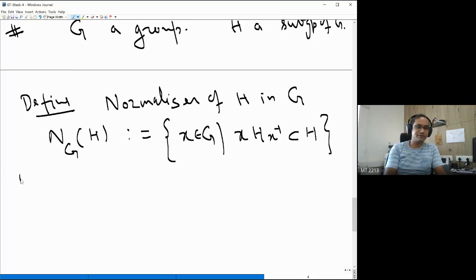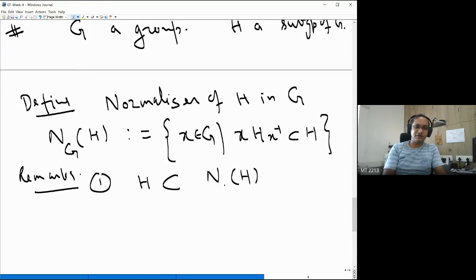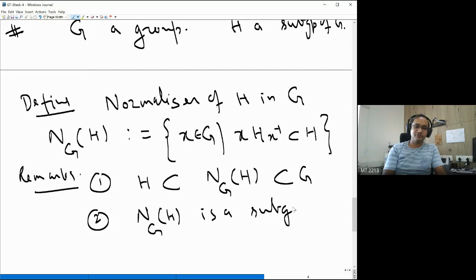Some remarks or other properties. So the first property is this: H is contained in the normalizer of H, which is of course contained in G. Second, the normalizer of H in G is a subgroup, right?